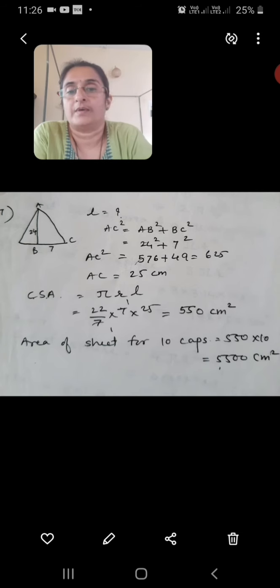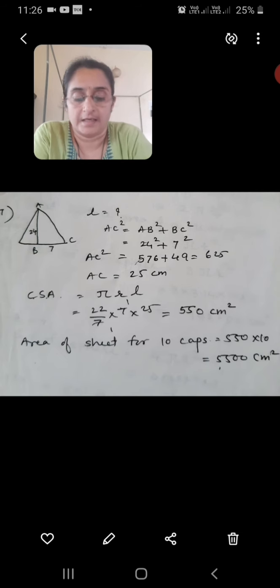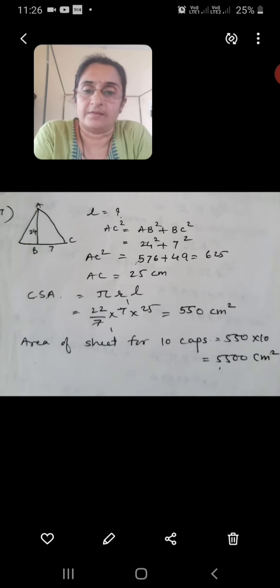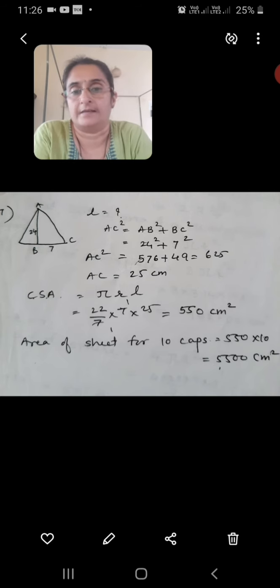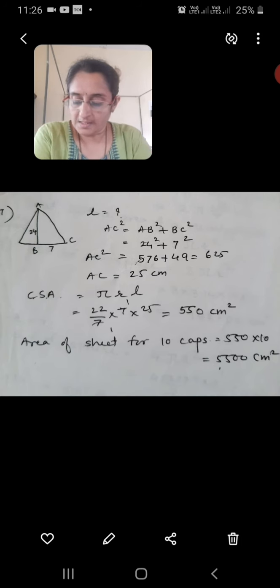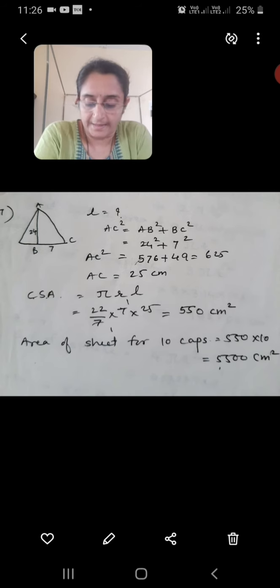So to find the total surface area, we are going to use pi r (r plus L), and for that, if the height is given, using the height and the base, we are going to find L, that is the slant height. I have taken one sum from that, that is question number 7. Here the question is like this. A joker's cap is in the form of a right circular cone of base radius 7 cm and height 24 cm.